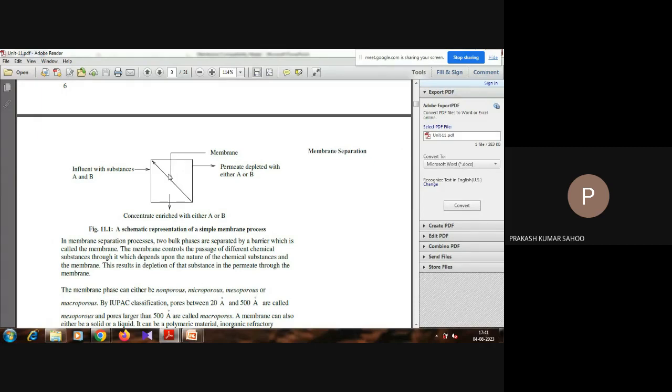Generally, it is a semi-permeable membrane which allows the solvent particles to pass through it and leaves all the solute particles. Then the influent with substances A and B, and these are the permeate depleted with either A or B. So these are the two zones, and this is the concentrate enriched with either A or B. The A or B are the two components in the mixture.